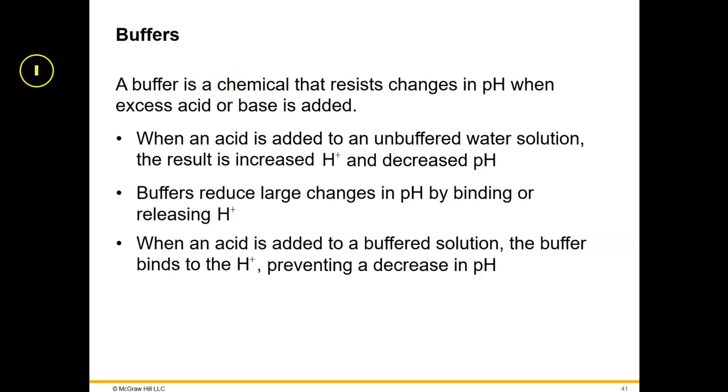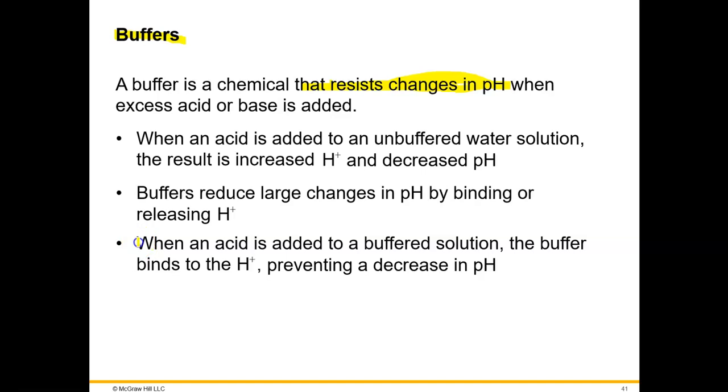Okay, we also have chemicals that we call buffers, and buffers will resist pH changes. So when you have a buffer and an acid is added to the buffered solution, the buffer will bind to the excess hydrogen ion, and that will remove it from solution and prevent the pH from going down.